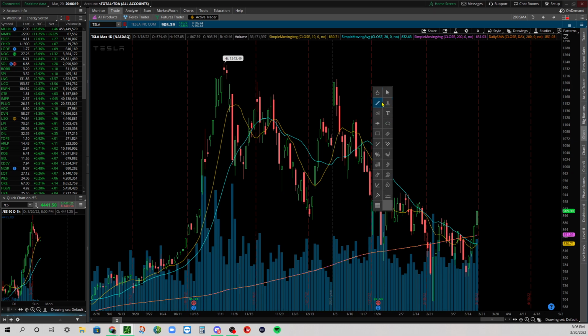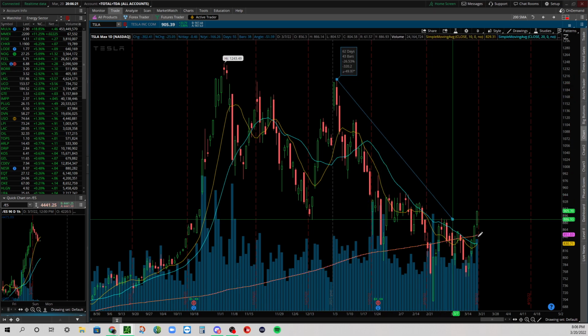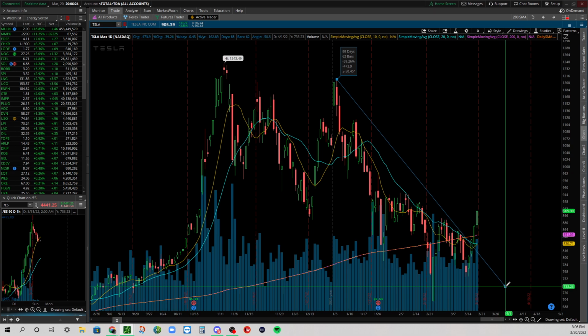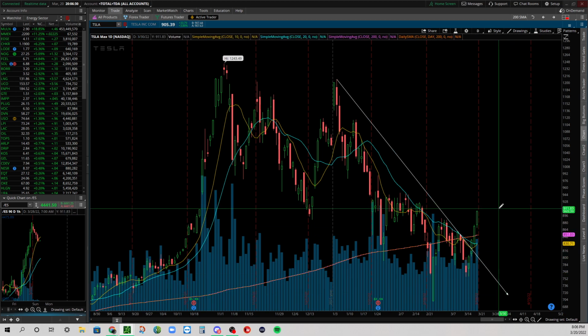So in my mind, I'm thinking if it holds above the 905 level, originally I had 891, but if it holds above 905 this coming week, I feel like it has a chance to break 1,000 if it holds.